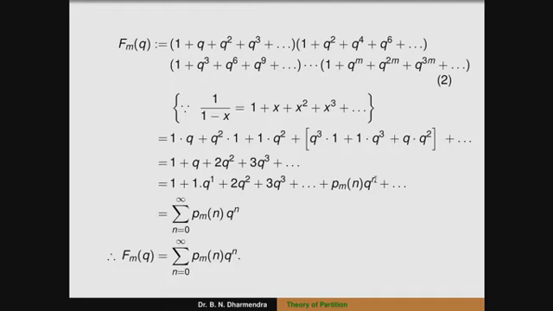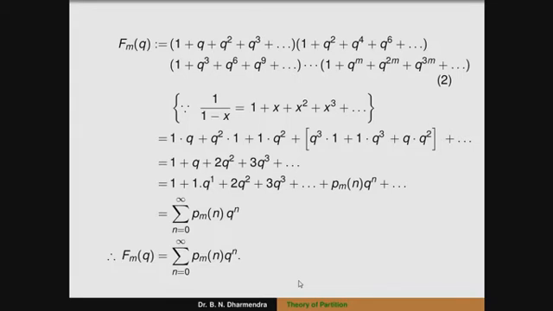What we have to show is that the summation n from 0 to infinity p of n into q to the power of n is equal to 1 divided by (q;q) infinity instead of m, taking the limit as m tends to infinity.